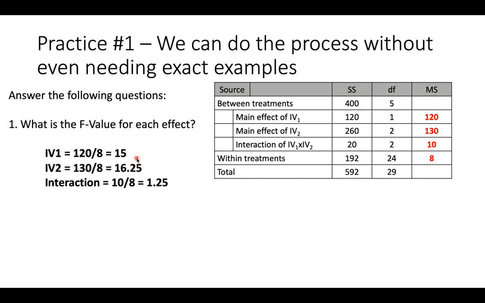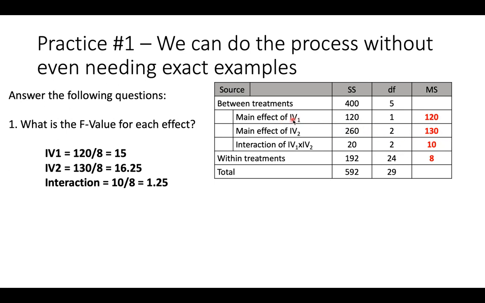So it looks like we're probably going to have a main effect of each of our variables. Those are pretty large Fs. And we're not looking too hot on our interaction here. That's a relatively small F. Also notice that for the main effect of variable 2 and the interaction, the sum of squares gets divided by 2 to produce the mean squared. In our last example, the degrees of freedom were all 1, so the sum of squares was the mean squared.